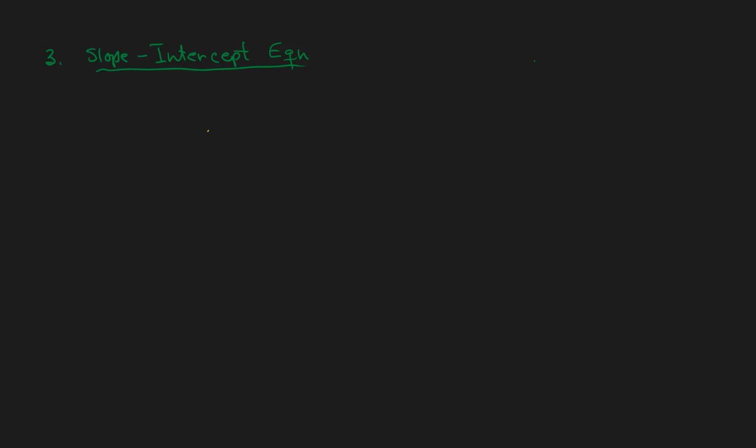That means that this equation is going to have the slope, m, and it's going to have the y-intercept. This equation is going to give you two pieces of information. It's going to tell you how steeply tipped the line is and in which direction it's tipped, the slope.